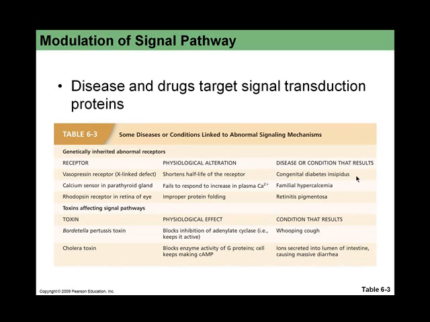So the congenital diabetes insipidus, so not diabetes mellitus. Diabetes mellitus is the sugar diabetes. This one, the insipidus, is drinking a lot of fluids and excreting large volumes of fluid because you can't resorb the water in the kidney. So remember, this shortens the half-life of the receptor.